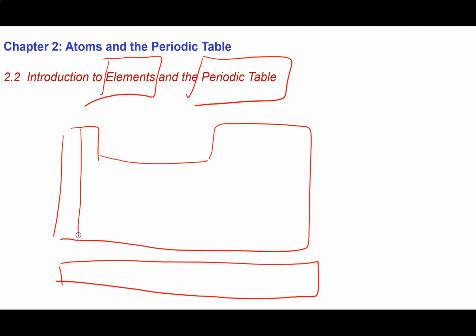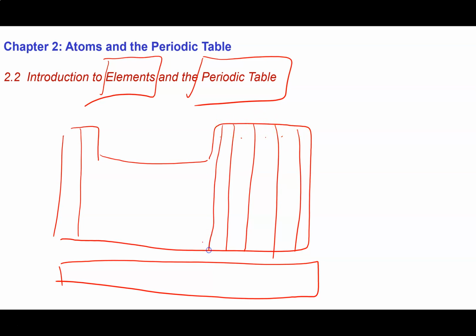There are 2 columns on the left, and then there are 6 columns on the right. In the middle, you might not know this, but there are 10 columns. I won't draw them all in. But that's the general shape of your periodic table.